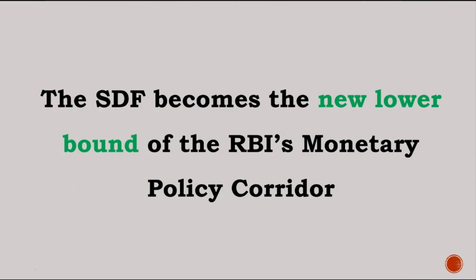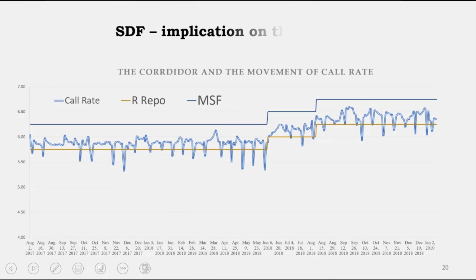And now we are going to see the policy corridor, how the monetary policy corridor of the RBI has been changed after the introduction of the SDF. And this is the monetary policy corridor. We can see the monetary policy corridor is an area between the marginal standing facility and the reverse repo rate.